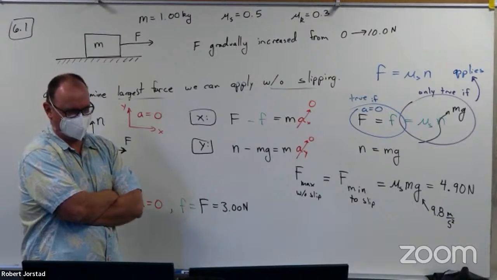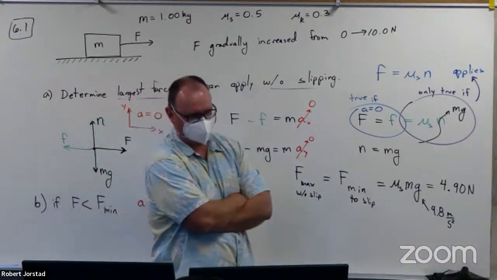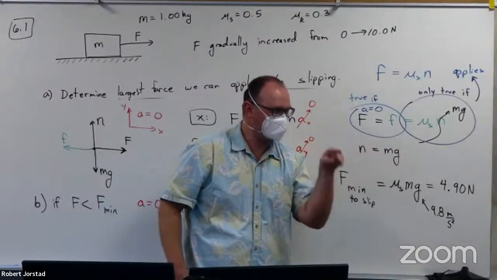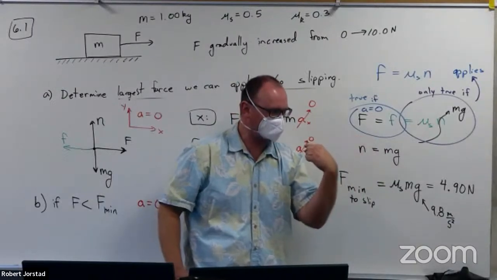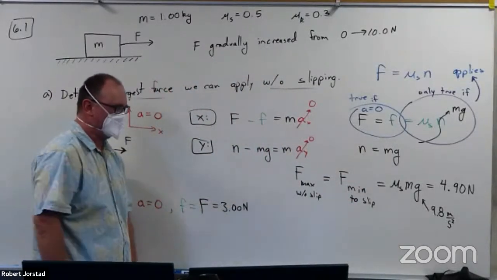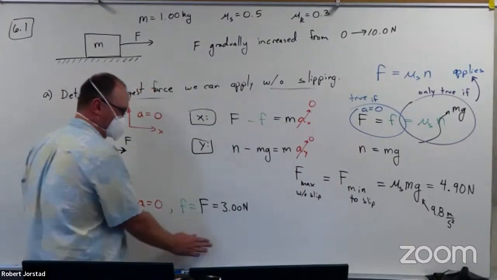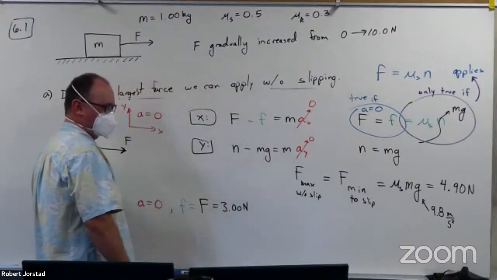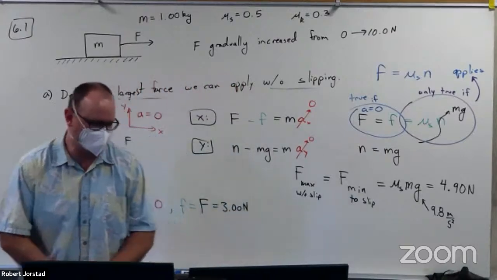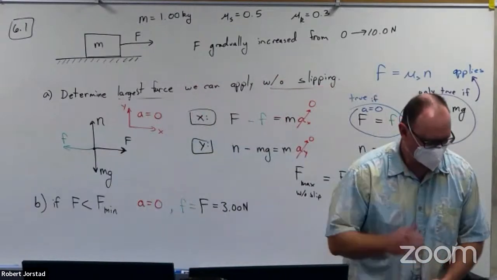This is not proper language, but I'm going to say it this way because I think it helps. If I normal force on you, you normal force on me. If I friction on you, you friction on me. That's not right language, but I think that gets the point across. So that helps me, even though it's not proper English. I don't say I'm not frictioning on the board, but you get it, right? If I friction on you, you friction on me the opposite way. Is that helping? Yeah, I know, it's crazy. I wish there was a more grammatically correct way to get that across, but that works for me.